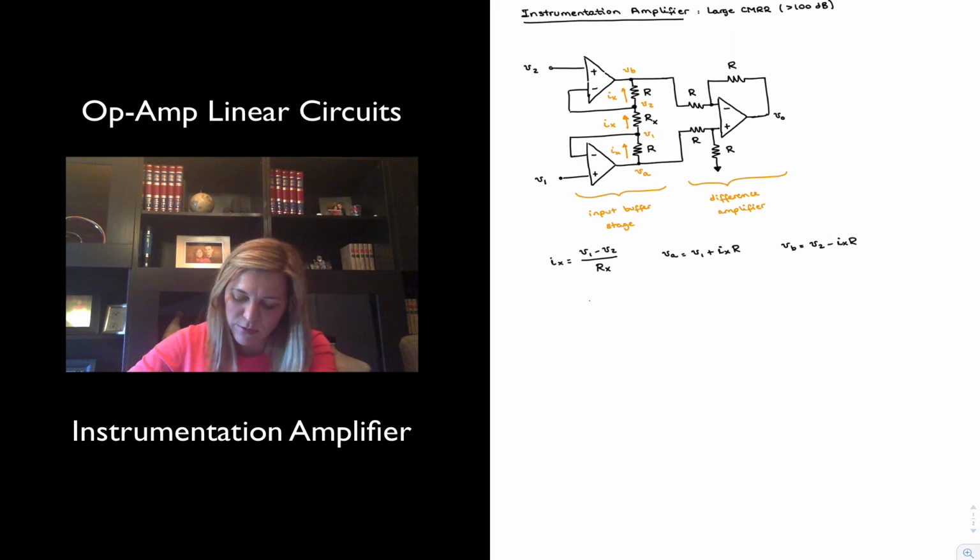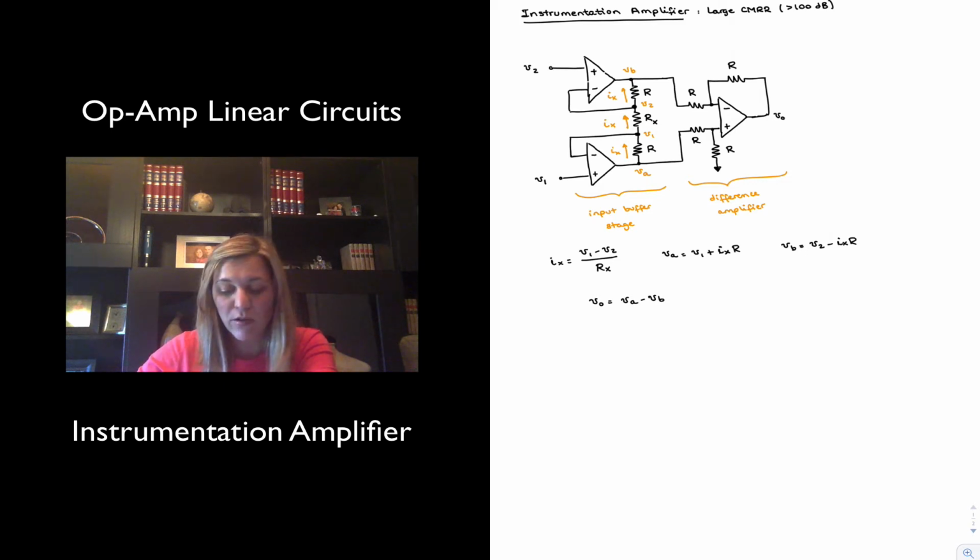And so I can write my output voltage as simply VA minus VB. Notice that the voltage with the positive polarity is the one being fed into the positive input terminal of the difference amplifier. The one with the negative polarity is the one being fed into the negative input terminal of that final difference amplifier stage.